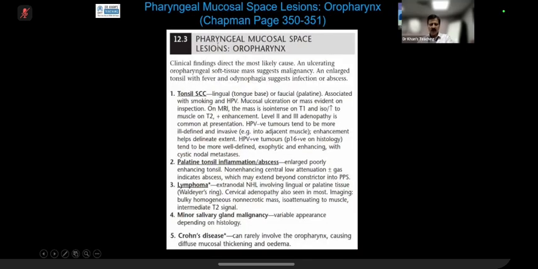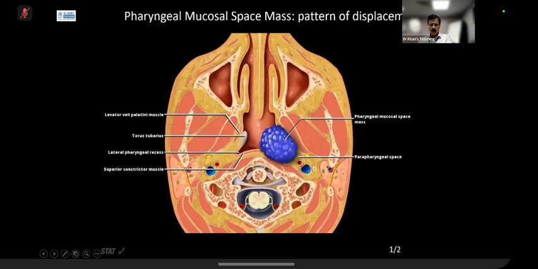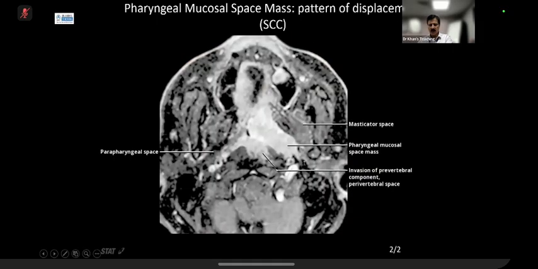And this is the second differential diagnosis, pharyngeal oropharynx. And in this oropharynx, the most important ones, other than SCC, is of course inflammation. This is, for me, this is for your 2B, this is the most important. So the concept of displacement of the parapharyngeal space. This diagram tells you if the lesion is sitting here, this is the parapharyngeal space, and the fat will be displaced laterally, which is common sense.